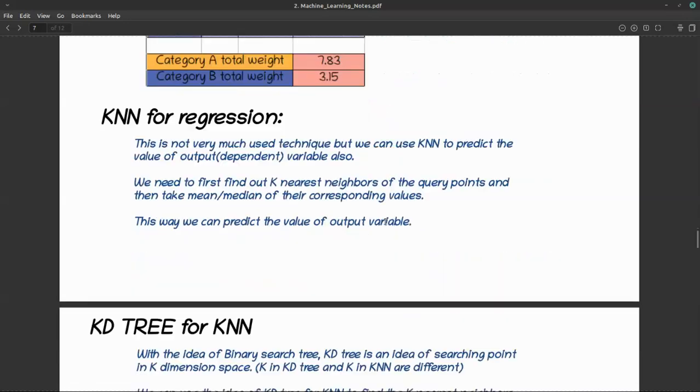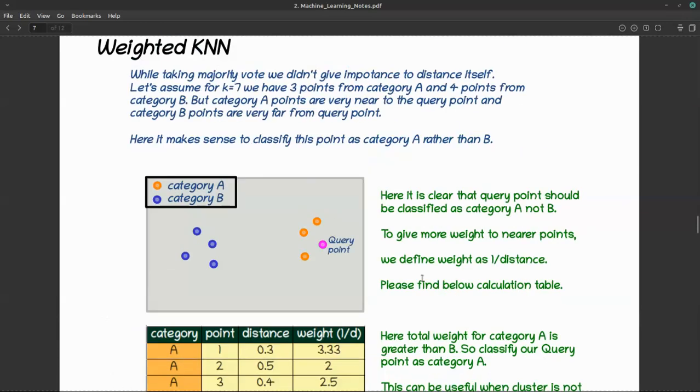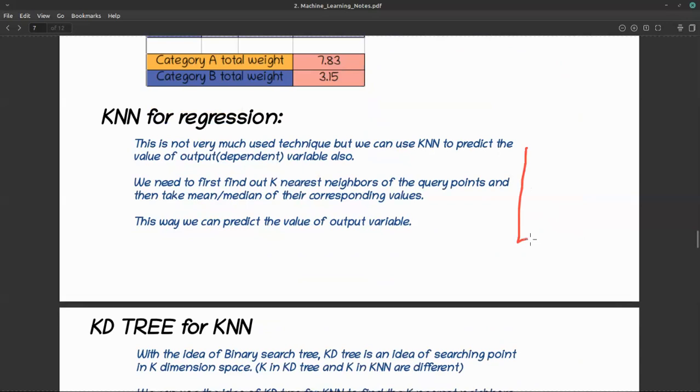KNN for regression, there were just three or four lines. So how KNN for regression works is, let's take a fresh example. Let's say this is the query point, and we ask what is the income of this person given the age, medical record, last purchase record, or the credit card limit.